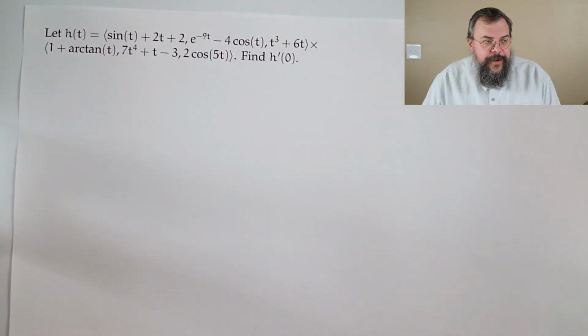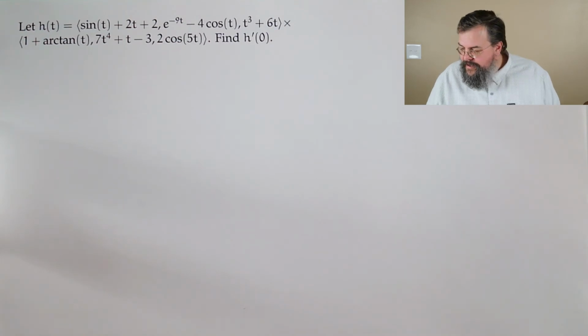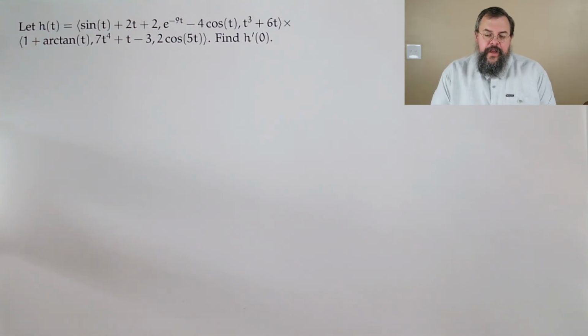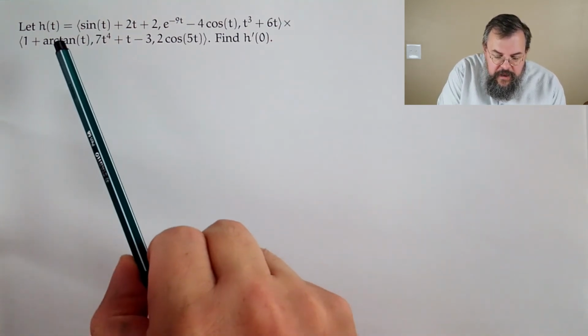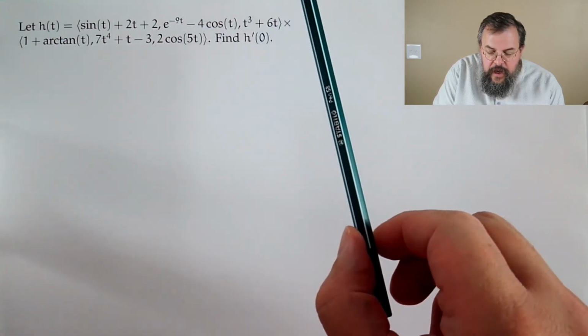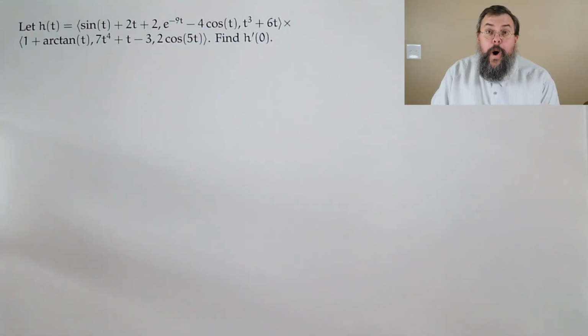Well, as of course all problems are, which makes you want to keep going. So let's do one more. One last problem to finish it up. One last problem to find them all. So, suppose we have the following. h of t is this incredibly long thing, cross product, another incredibly long thing.